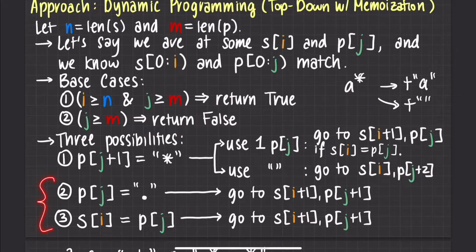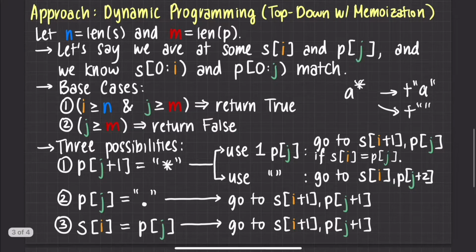For these two cases right here, where we do not have star as the next character over, if the characters match, meaning either P[J] is the universal character period, or the two just physically match, then we advance forward 1 each to look at the next characters over.